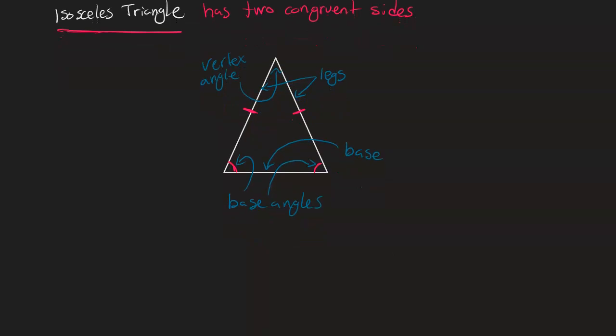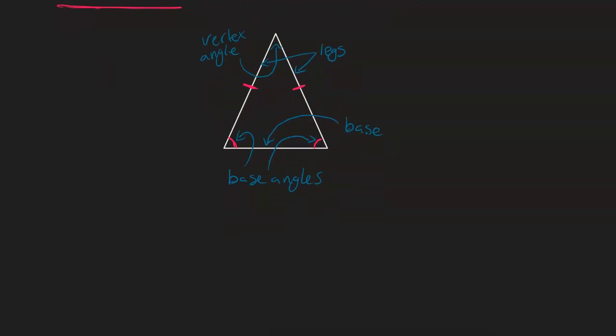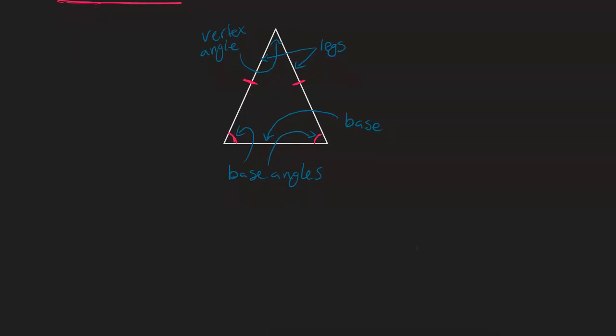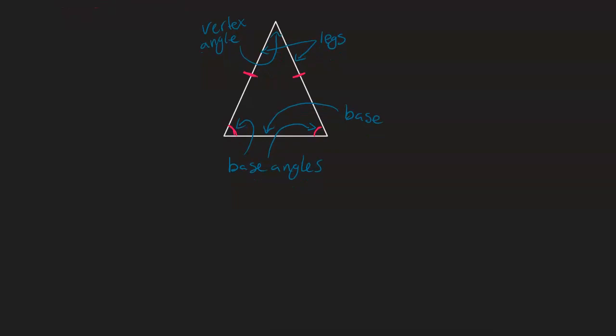So this essentially just leads us into our theorem. And this is a theorem which we essentially proved in class using the geometry tool. So let's write it out. Isosceles triangle theorem.